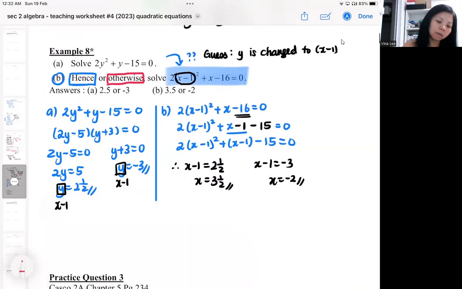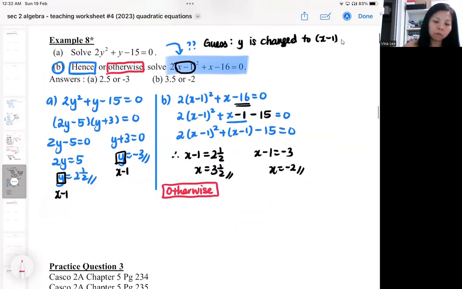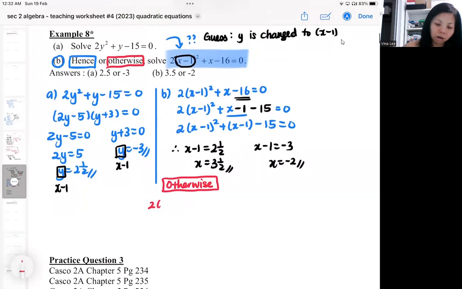And then the question actually says "otherwise". The meaning of otherwise is that I do not need to use my previous answer. So if I don't use my previous answer, how am I supposed to do it? That means you just expand it out and go through the long method.